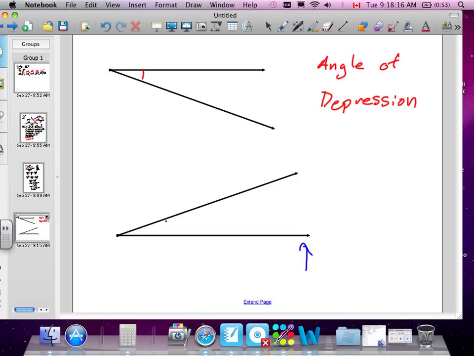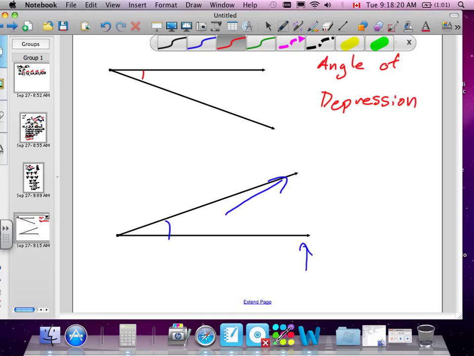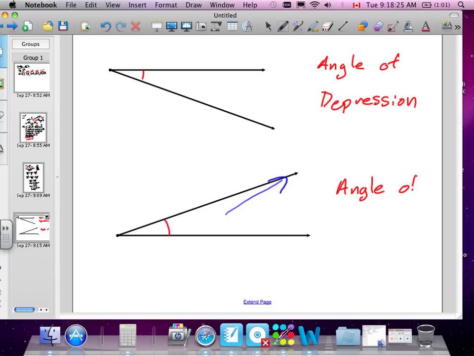Also, if you have a horizontal line and then you have an angle heading in an upwards direction, this is called angle of elevation. Is that right?